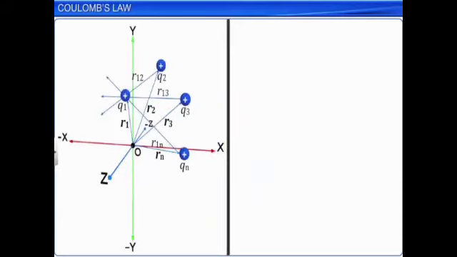For example, if the charge Q1 is considered, then, according to the principle of superposition, the net electrostatic force on the charge Q1 is F1 equal to F12 plus F13 plus so on till F1n. Let this be equation 8.